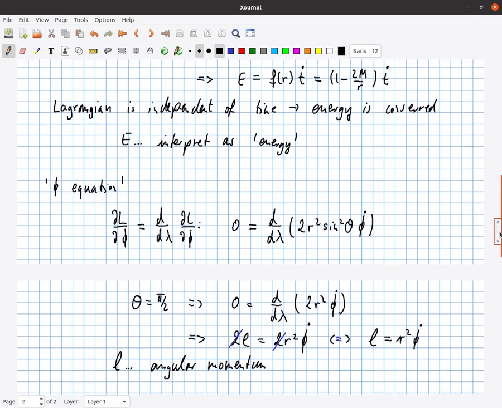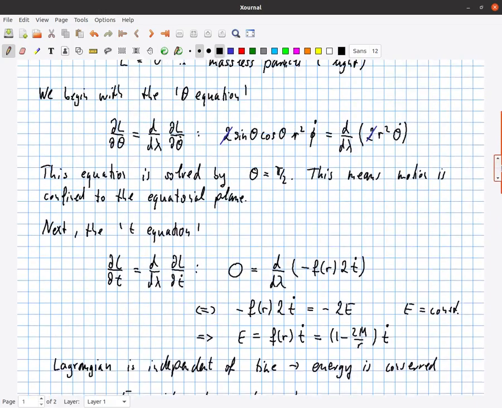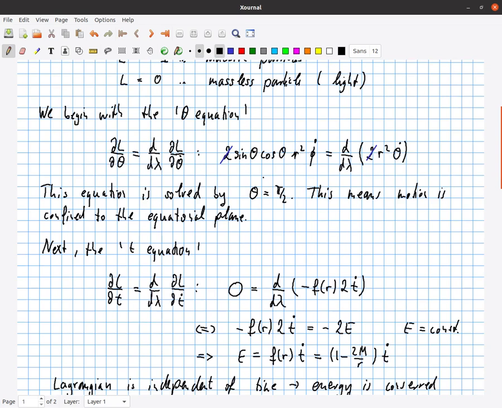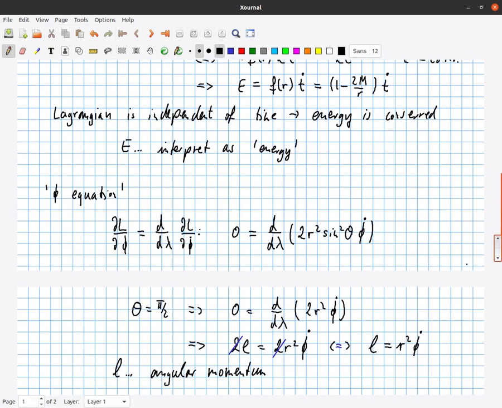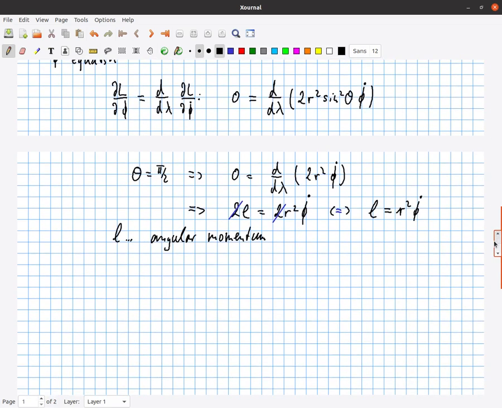So the first 3 equations mean we can choose to work in the equatorial plane. That solves the first equation. We identify a conserved quantity related to energy, which solves the second equation, and we identify a second conserved quantity, angular momentum, which came out of the third equation.